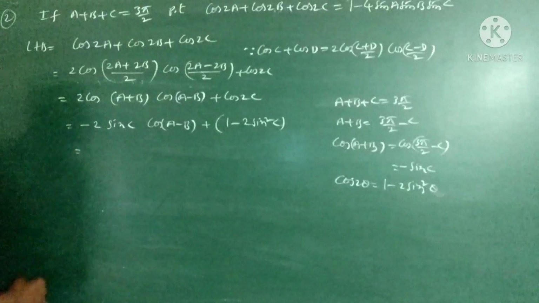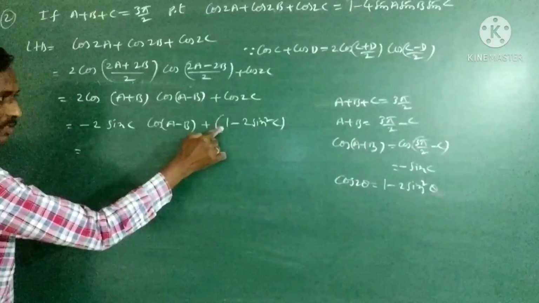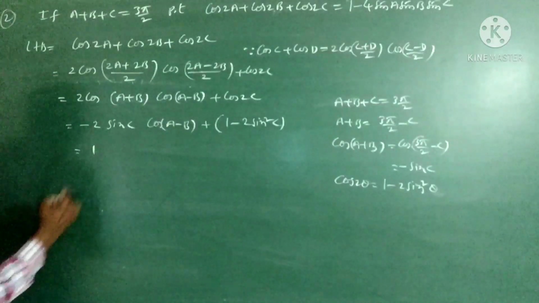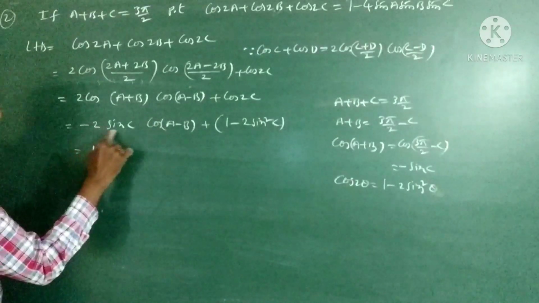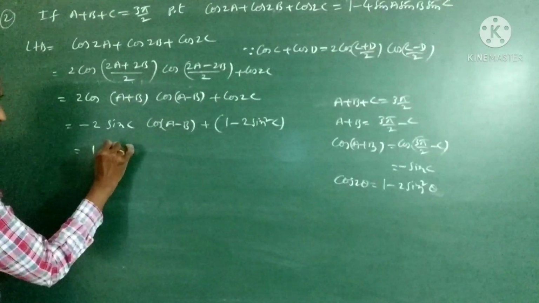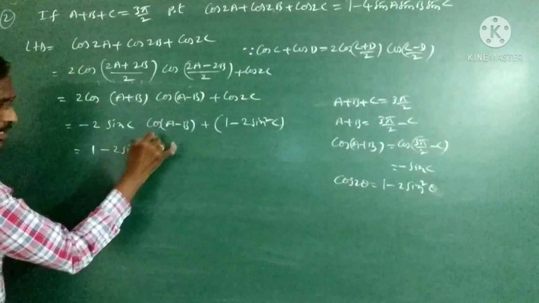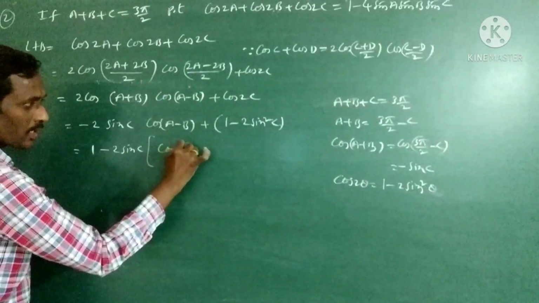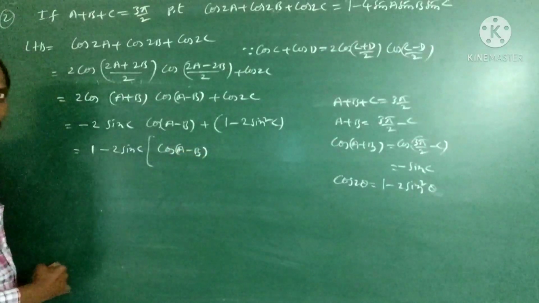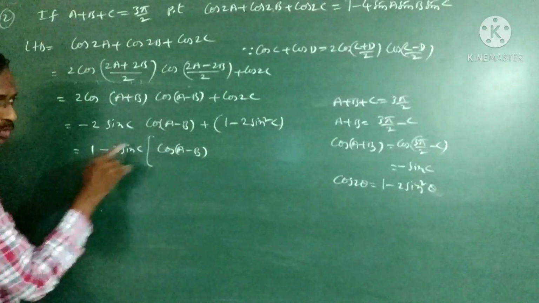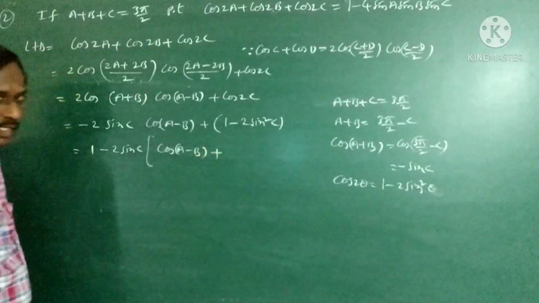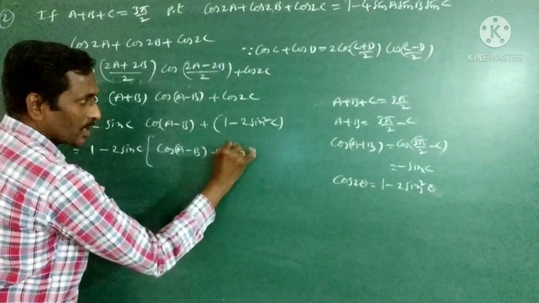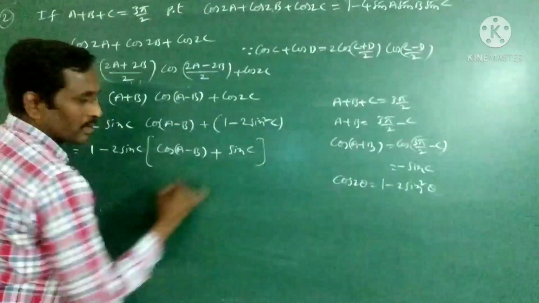Now this equals to, first take the constant out, plus 1, write as this. Next take a common. What is the common? 2 sin c is common. Minus 2 sin c taken as common. What is remaining here? Cos of a minus b remaining. We took a minus common, so minus of minus becomes the plus sign now. One sin function taken common, c remaining.